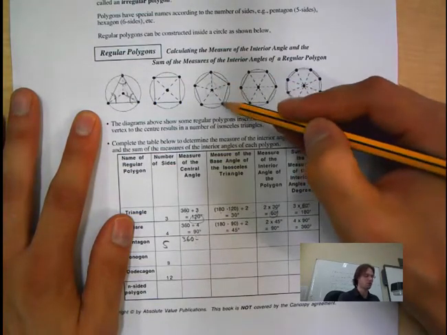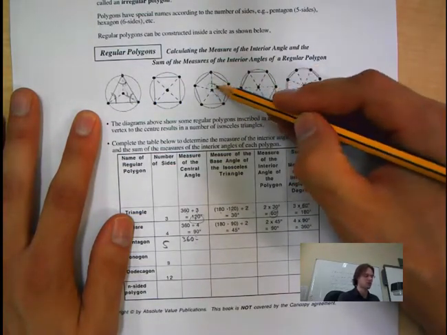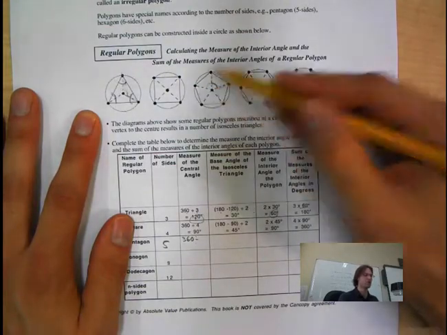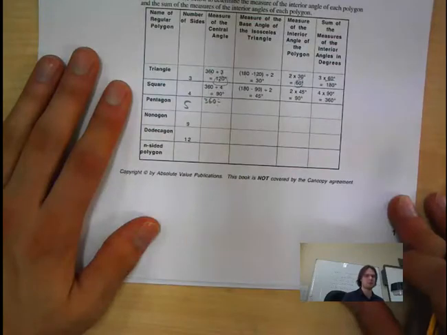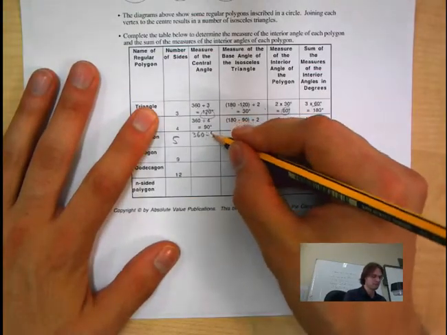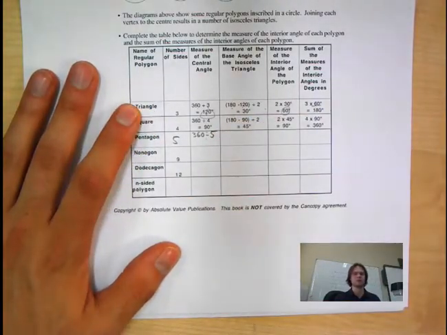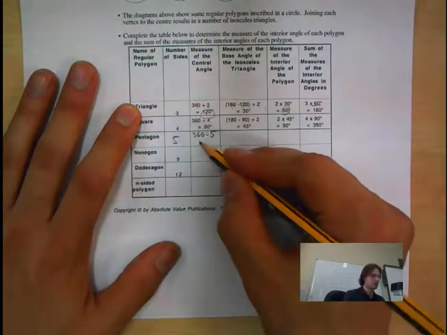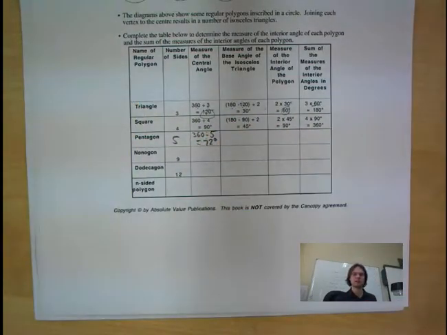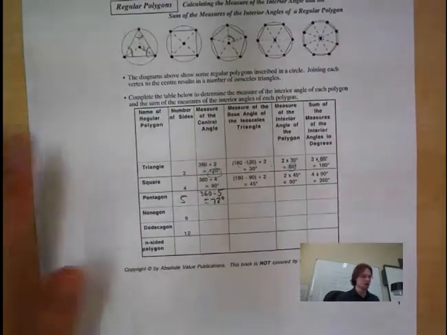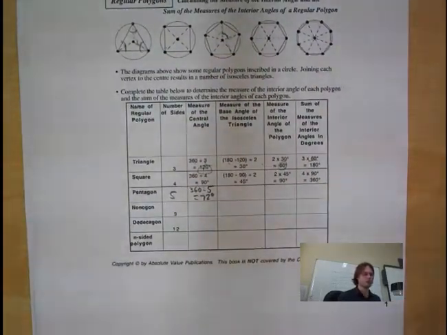We have all of these radii going to the center, and there's 5 triangles that make up the pentagon. So I'm going to go 360 divided by 5. Now what is that equal to? 72 degrees.